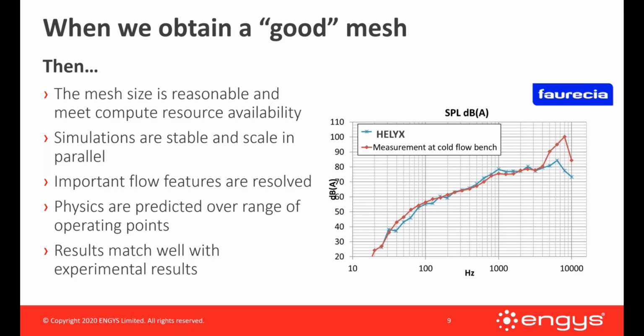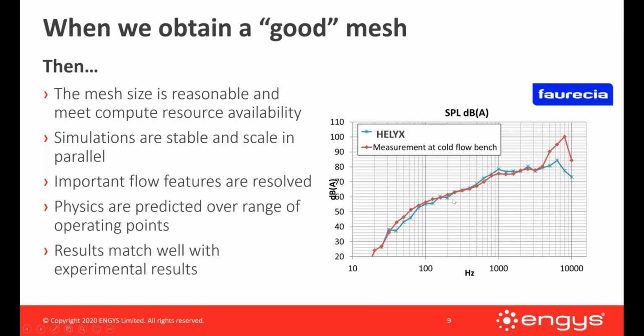So here's just an example, continuing with the muffler simulation. Again, this is from Faurizia. We have a comparison between the result in HELYX and the experimental result, and we can see that in the teal color right here, this HELYX result, we have very good agreement over a very wide range of decibel levels.